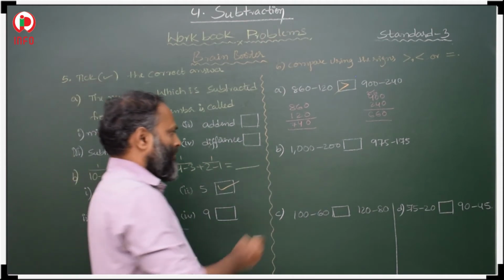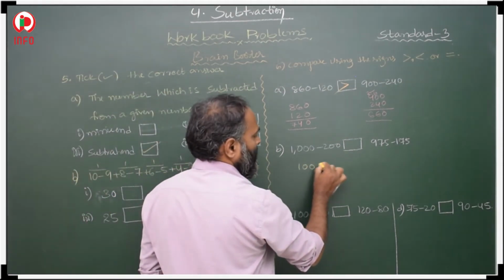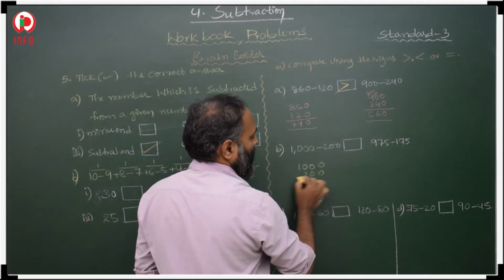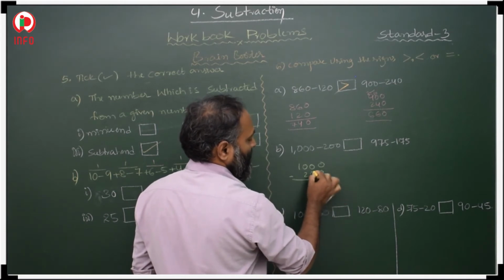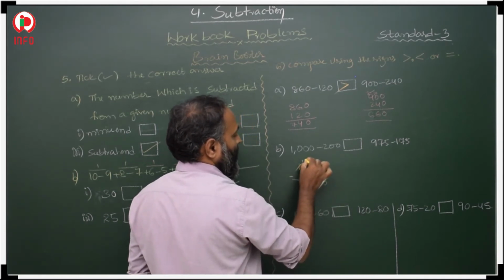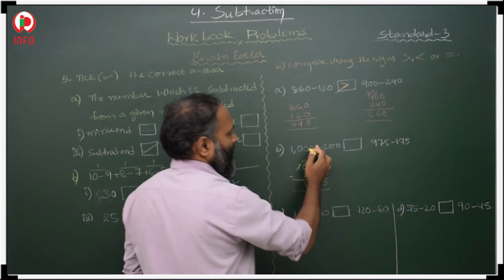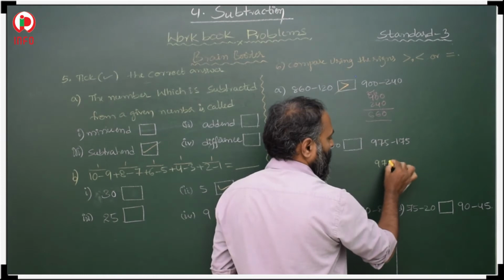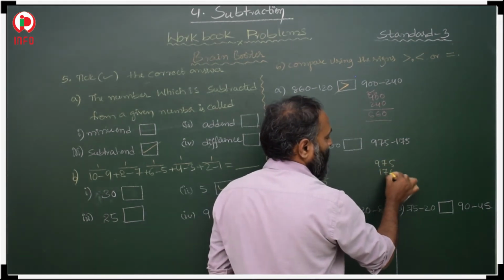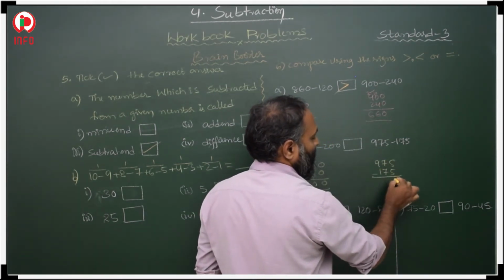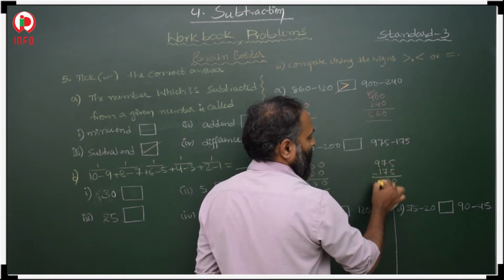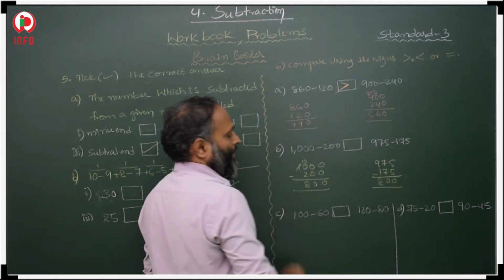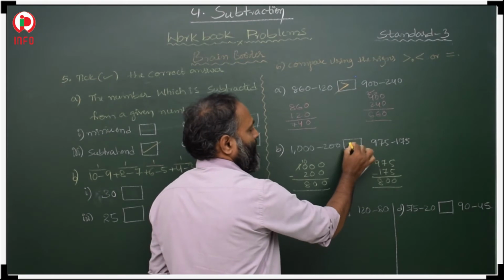Then here 1000 minus 200. 0, 0, borrow here 10, 10 minus 2 is 8. This is 800. Then 975 minus 175. 5 minus 5 is 0, 7 minus 7 is 0, 9 minus 1 is 8. This is also 800. Both are equal.